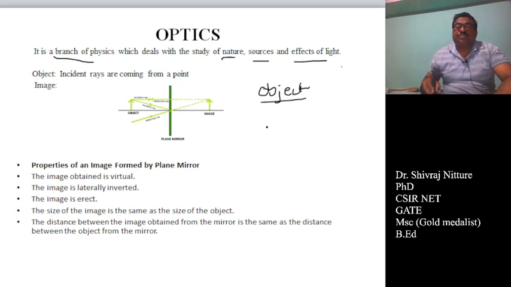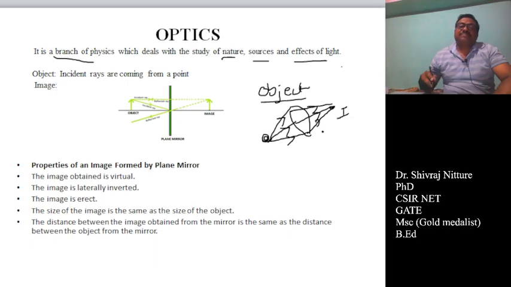If you want to see an object, say this is an object, and rays come from it, whether it is self-luminous or non-luminous, then you can see this object passing through the eye. These rays converge to some point, and at that point you can see the image of the object.